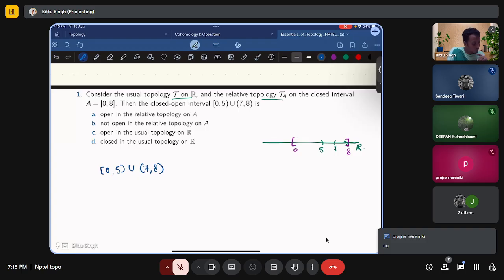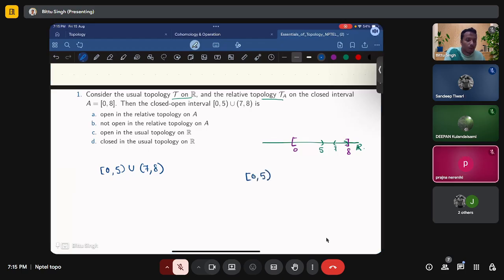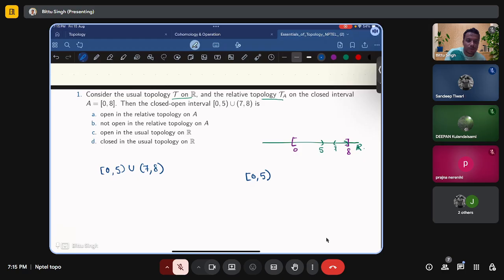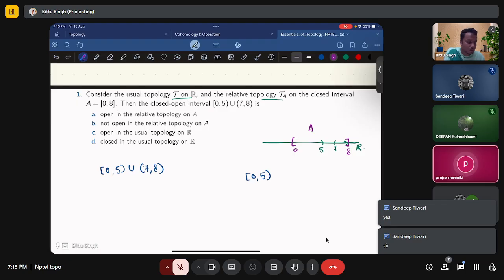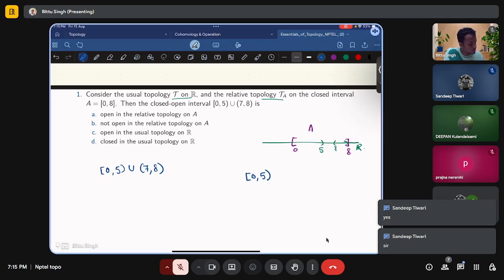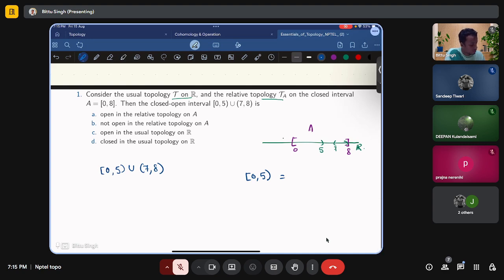No. Why not? Can you see that 0 to 5, is it open in the subspace topology? Taking intersections, exactly. So 0 to 5 can be written by just extending on the left.